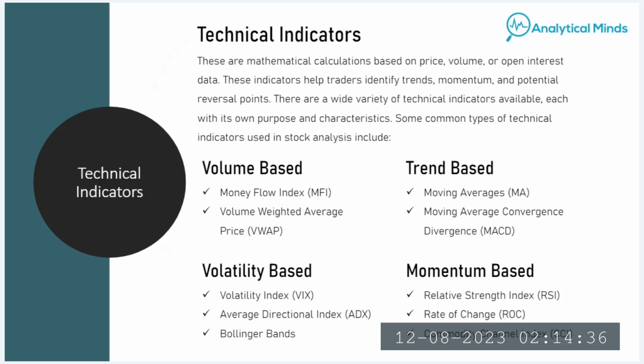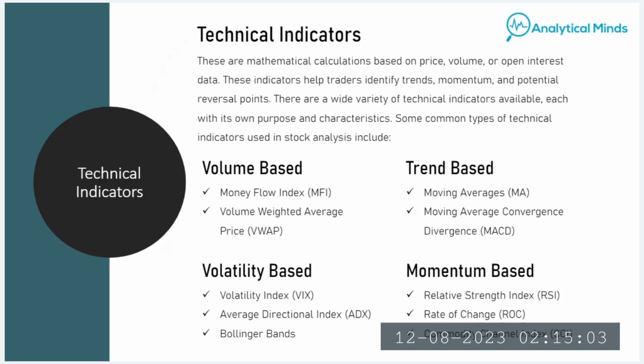One is volume-based indicators, where most people use the Money Flow Index or the Volume Weighted Average Price. Then there are trend-based indicators, where people use moving averages. A moving average is a key component of how you analyze time series data. And then there is the Moving Average Convergence Divergence. These are the popular trend-based indicators.